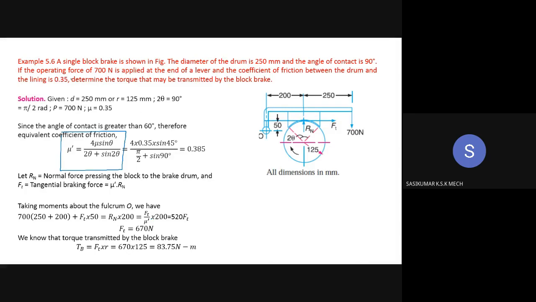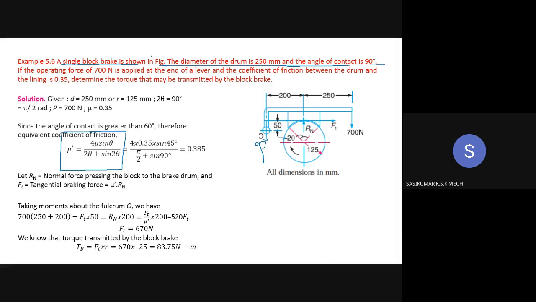The problem is like this: a single block brake is shown in the figure. The diameter of the drum is 250 mm, and the angle of contact is 90 degrees, so the 2 theta is 90 degrees.